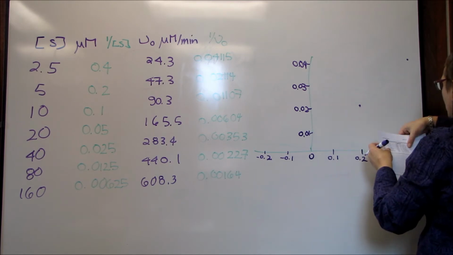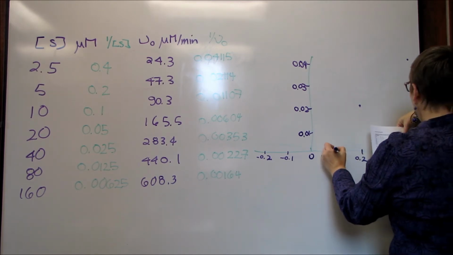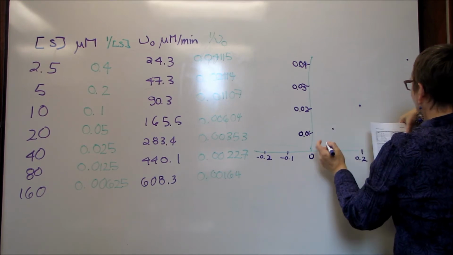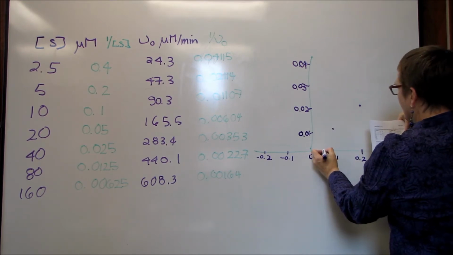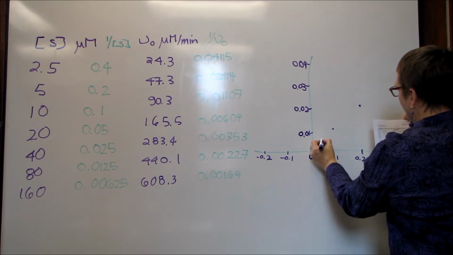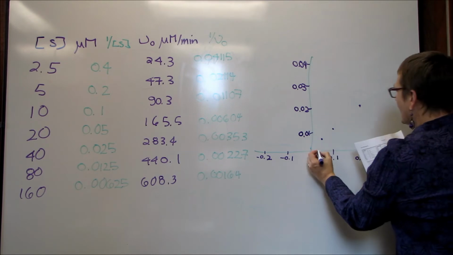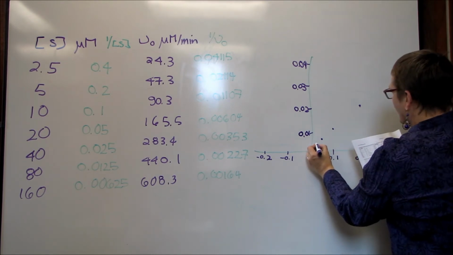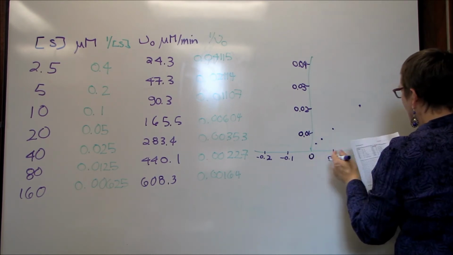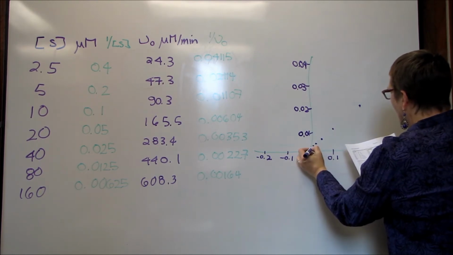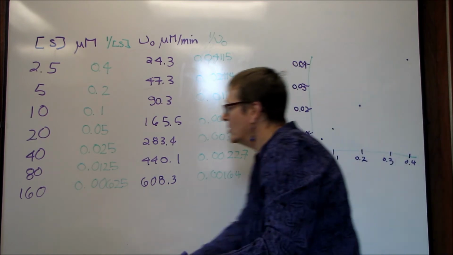I've got 0.1 lining up with 0.011 somewhere in here. 0.05 lining up with 0.006, so somewhere about in here. This is going to get really tricky on this graph because I don't have grid lines, but anyway. 0.025 lining up with 0.035, somewhere in there. 0.0125, really getting close over to the axis here. I'm going to leave off the last point because I can't even fit it on there.